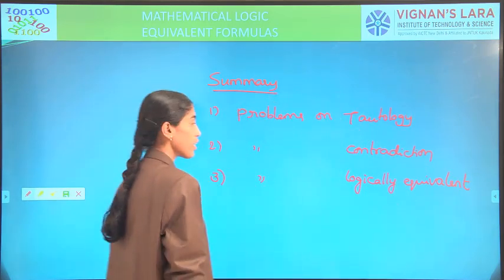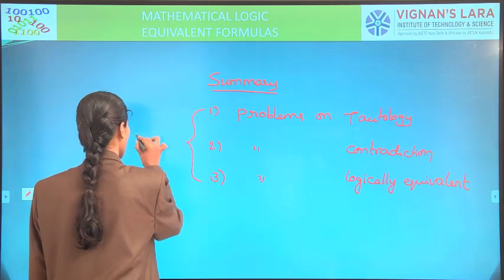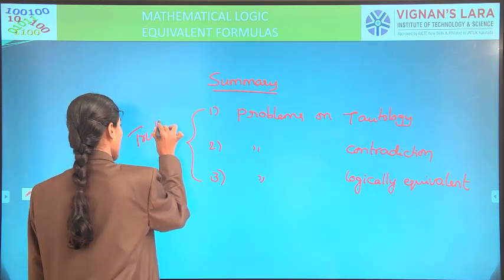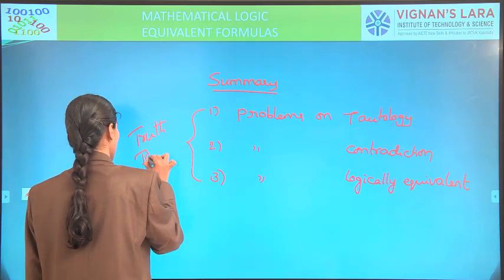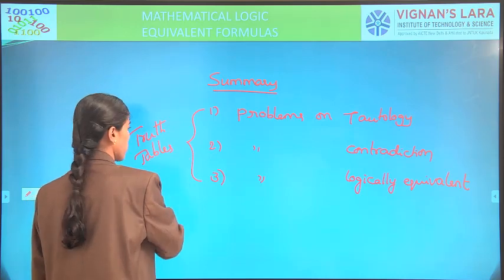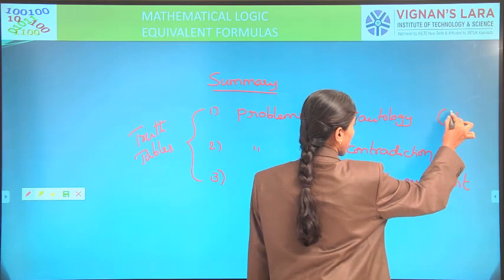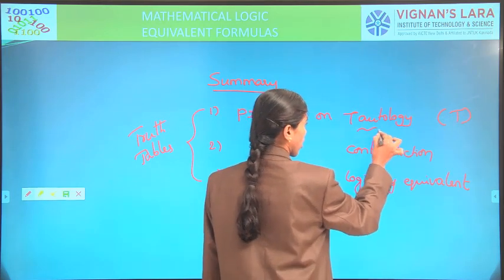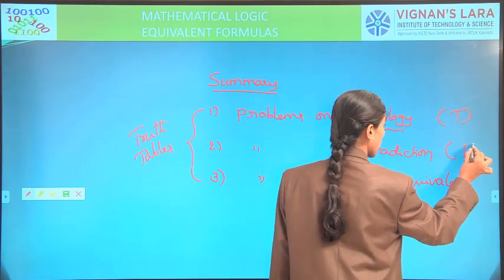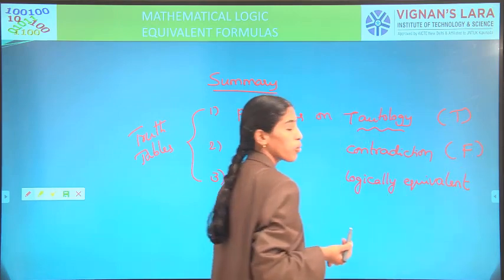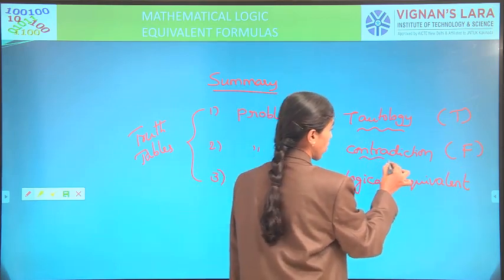For all these 3 concepts, we construct the truth tables. If the last column of the truth table is true, then we call it a tautology. If the last column of the truth table is false, then we say it is a contradiction.